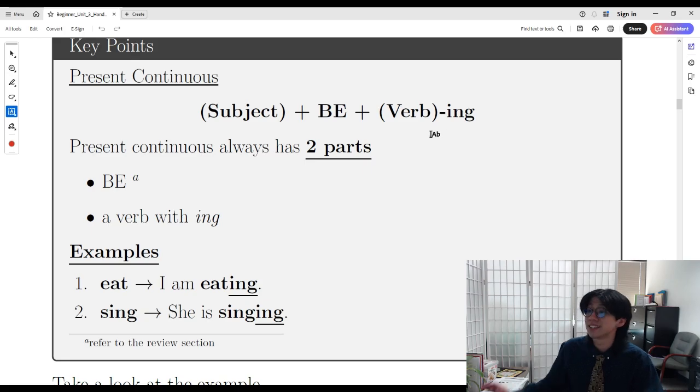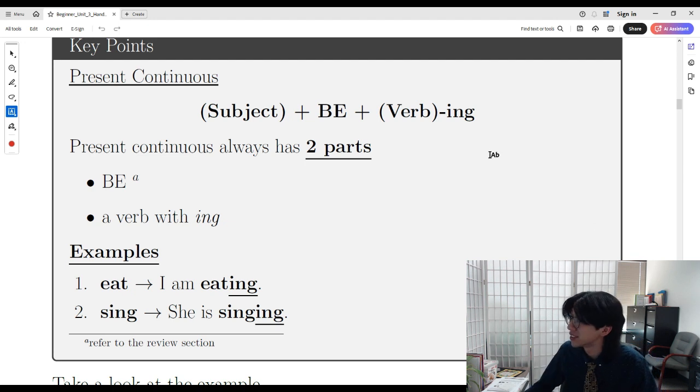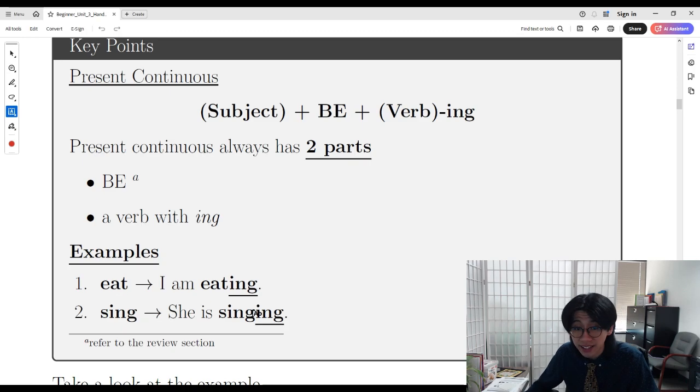Verb is some vocabularies we learned on the previous section, which describes an action. For example, we have a verb eat. Eat. And when you add ing, that is eating. If you sing, you add ing at the end and make it singing.